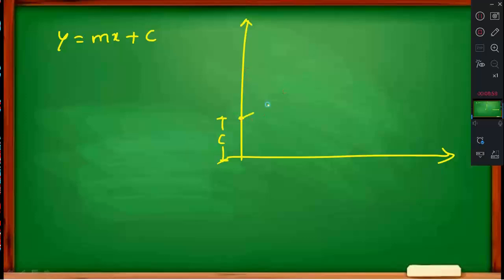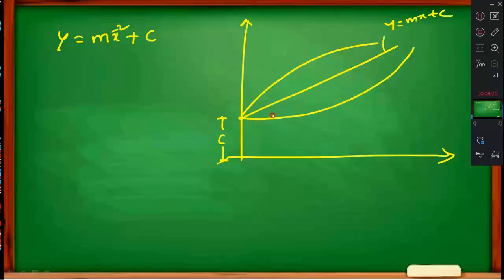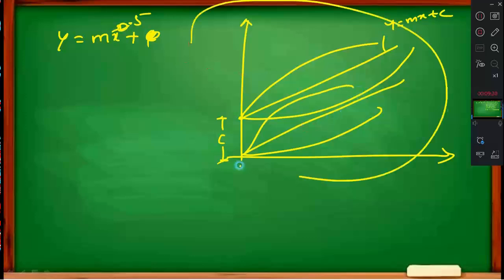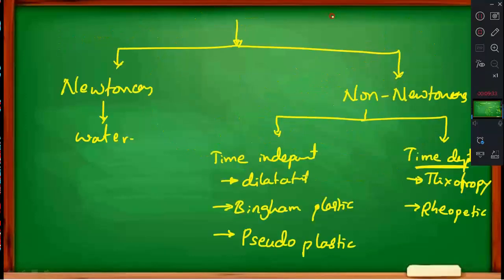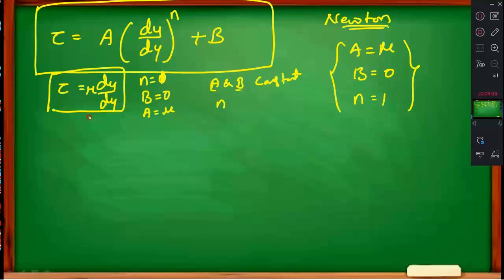M is the slope. This is your y equal to mx plus c. Here, if I make x square, then what happens? This becomes a parabola. If I make it minus, then it may become like this, or if I substitute some fractions, it may become like this. If C becomes 0, it may become like this, or like this. These are all the graphs. Like that, we will have equations.